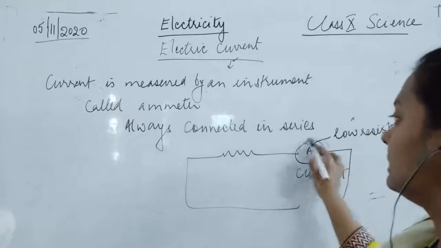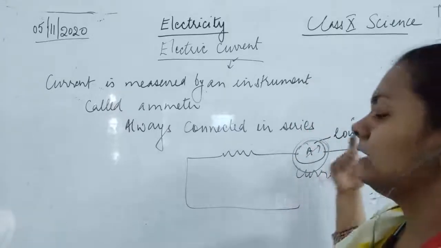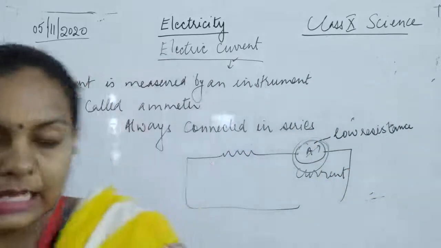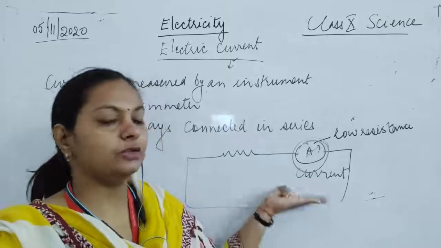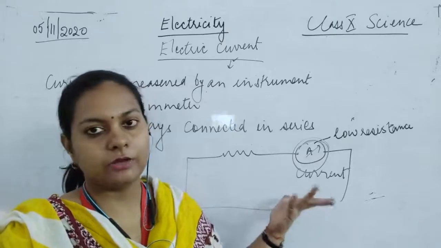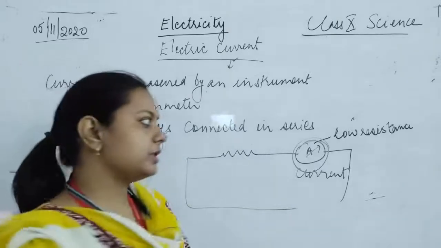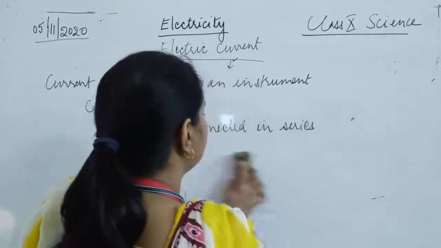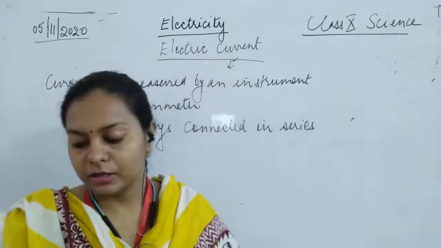Its main purpose is to measure the electric current. The quality of opposing electric current is what we call resistance. So if resistance is more, the current will not be able to flow. When the current cannot flow, how will you measure it? If no current is flowing, then how can you measure it? So for the flowing of the current, children, it is required that the ammeter must have low resistance, and that is why ammeter has low resistance.